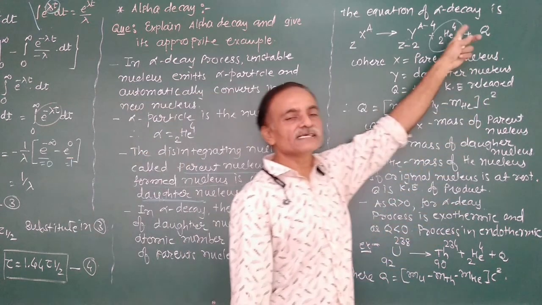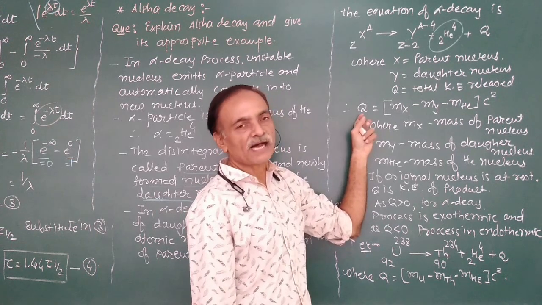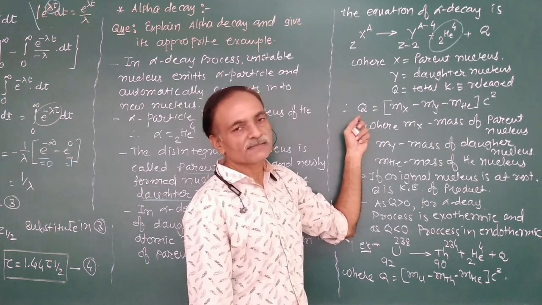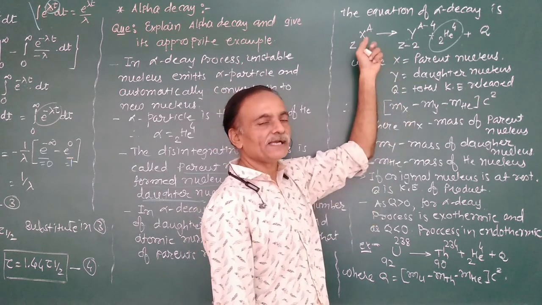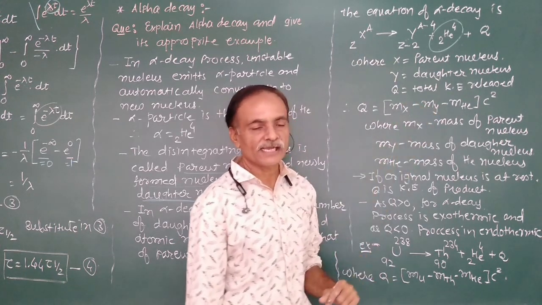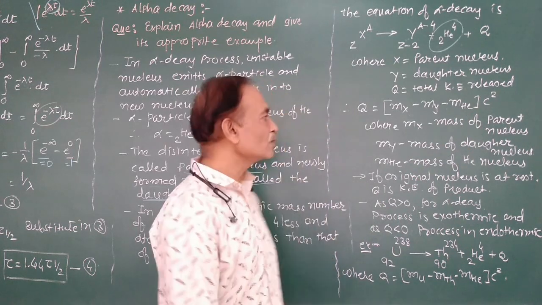Therefore, how much energy is released? According to Einstein's mass energy relation, Q is equal to delta m c square, where delta m is the mass defect. Therefore, Q is equal to the mass of the parent element minus the mass of the daughter element minus the mass of the product, that means the helium nucleus, into c square.